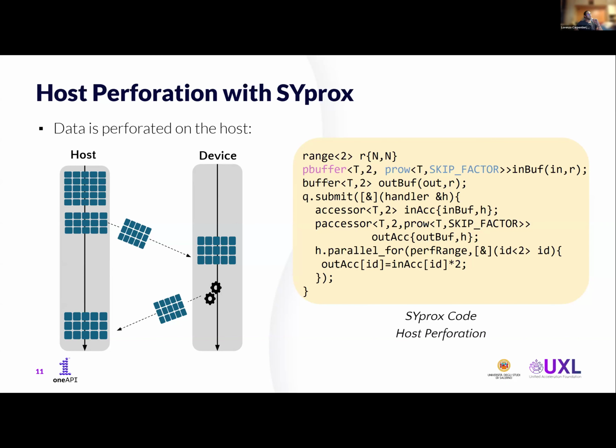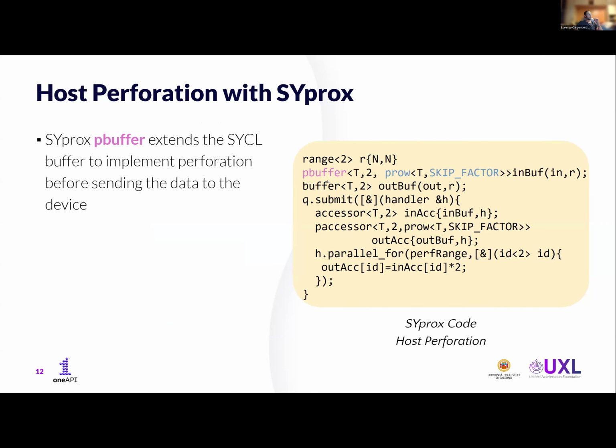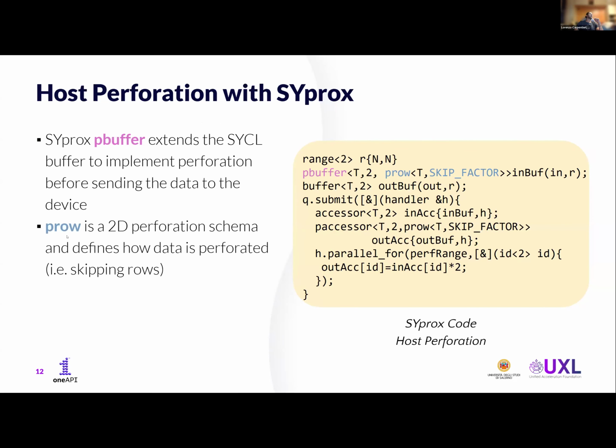And for this approach, we implemented host perforation using the SYCL buffer. So we extended the SYCL buffer with a perforated buffer. And as for the accessor, we always have a perforation schema that defines which data we want to skip.